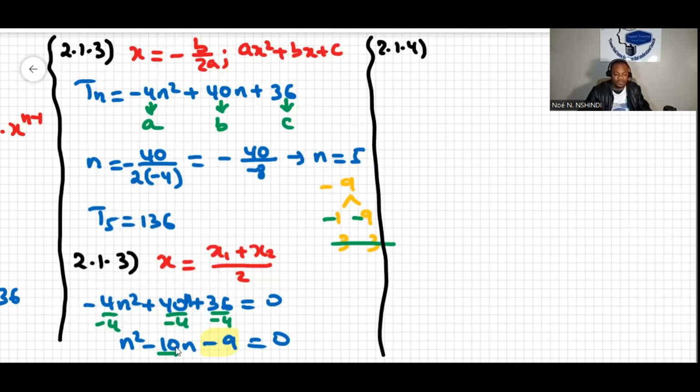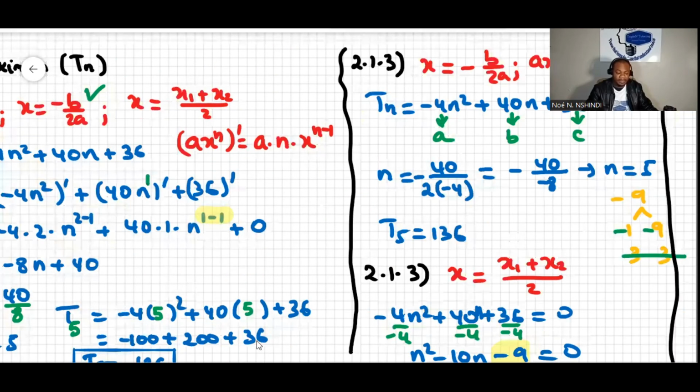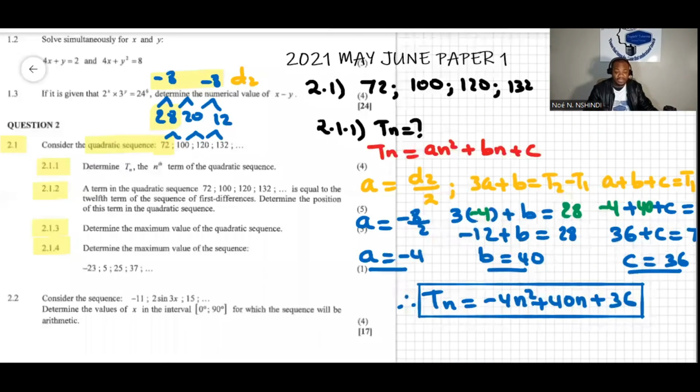So we want the maximum value of the sequence -23, 5, 25, and 37. I cannot ask us the maximum value of this yet because I think there's a mistake here in the question.